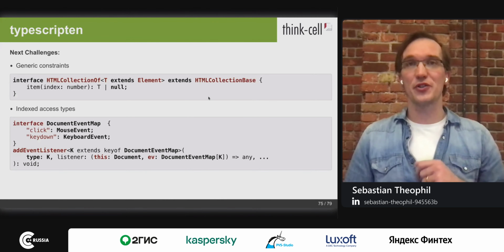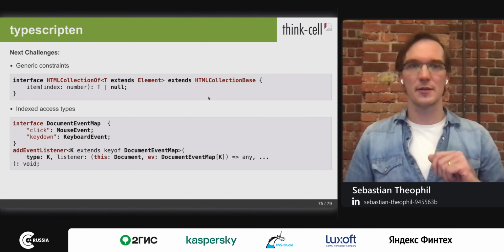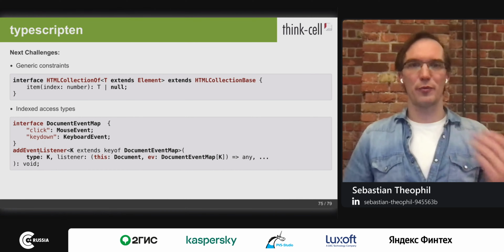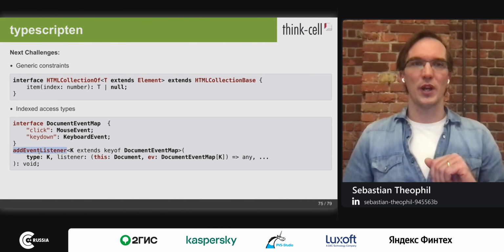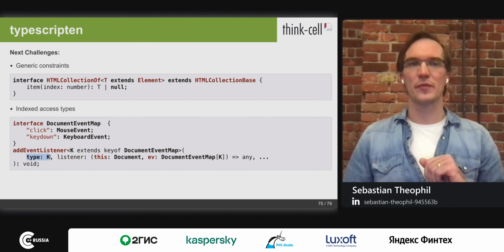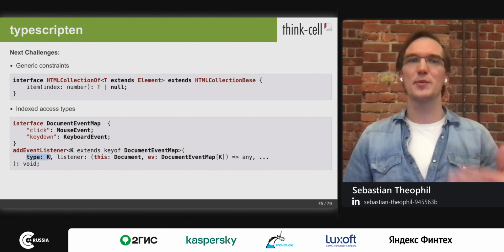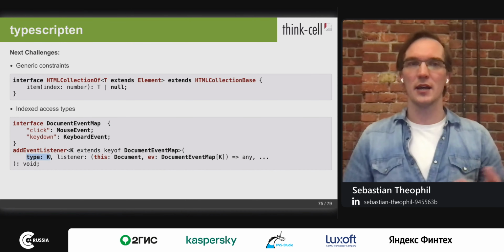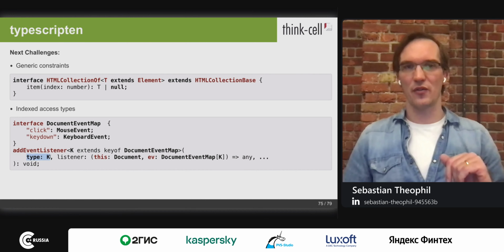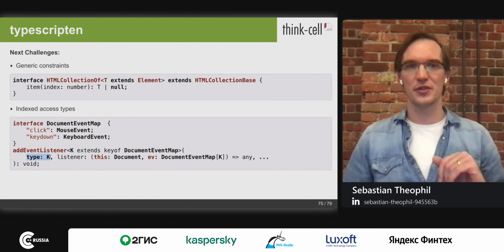And then there's also a very interesting feature in TypeScript, which is very common in the DOM APIs. So maybe if you have programmed JavaScript, you certainly know, when you specify an event listener in JavaScript, then the first argument is a string that says what kind of event you want to listen for. And so the TypeScript designers had to come up with a way to make that interface type-safe, where you can actually pass an arbitrary string.